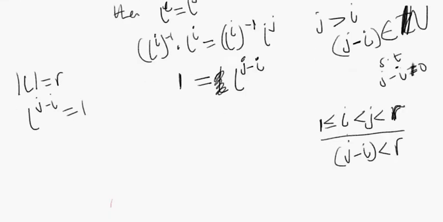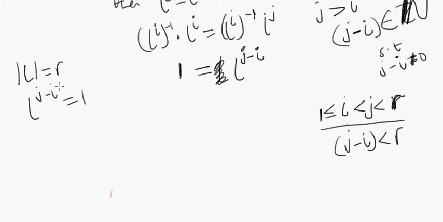If it did, we would have found an exponent less than R such that l raised to it, namely j minus i, gives the identity. Is this contradicting the fact that R is the smallest natural number such that l to the R equals 1? If so, then how can l to the j minus i ever give us the identity?